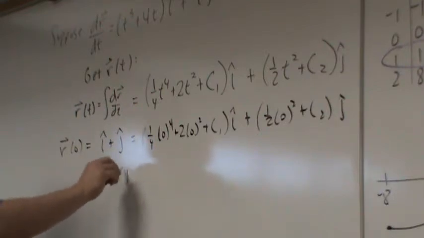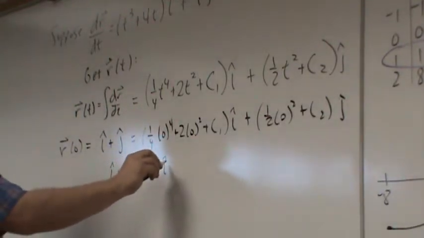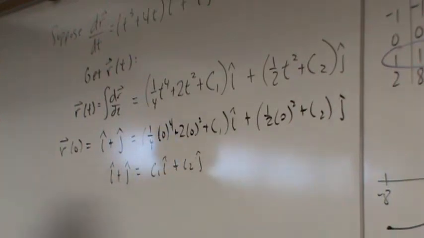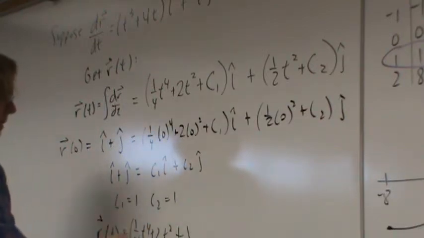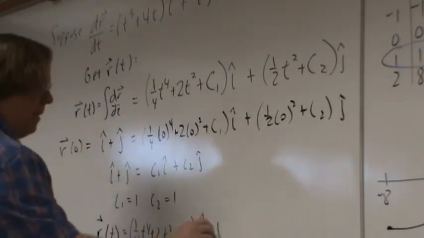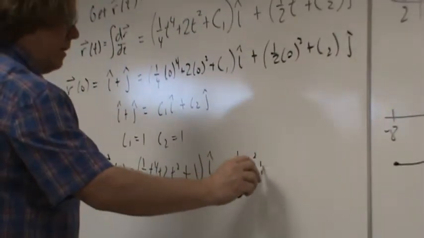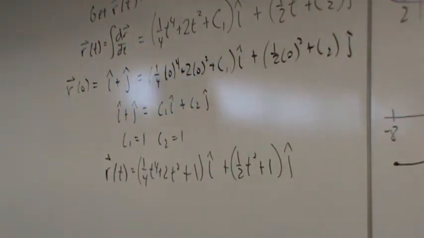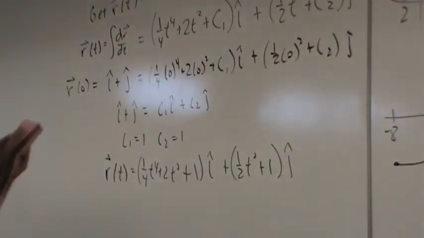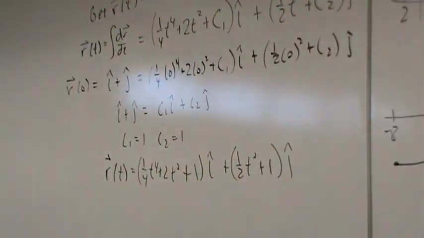I get i plus j equaling C1 i plus C2 j. So C1 equals 1 and C2 equals 1. And so now I get my final answer. r of t equals 1/4 t to the fourth plus 2t squared plus 1 times i plus 1/2 t squared plus 1 times j. That's the process. It's the same old process we always used.